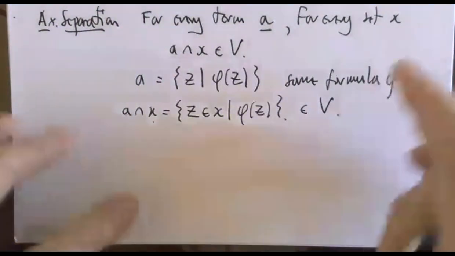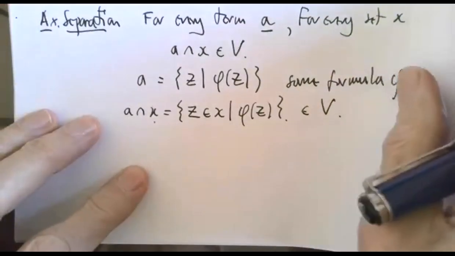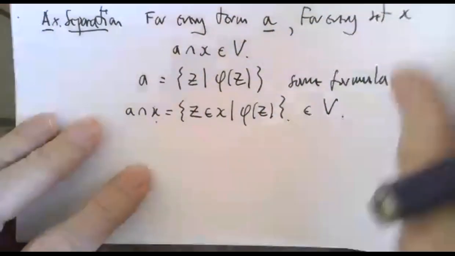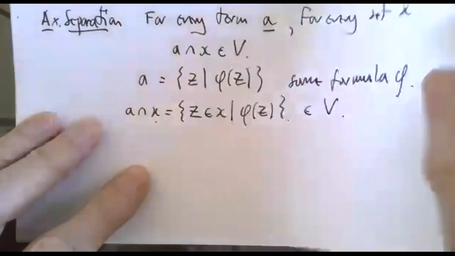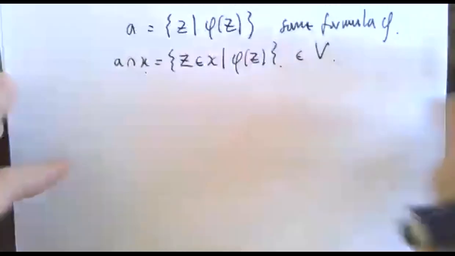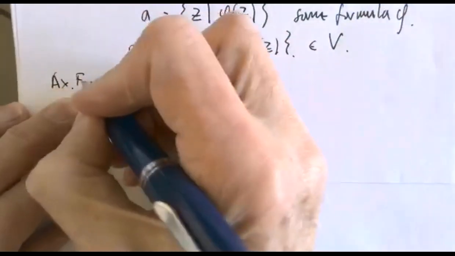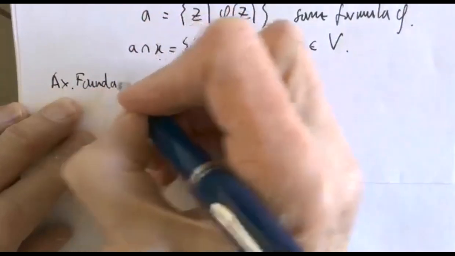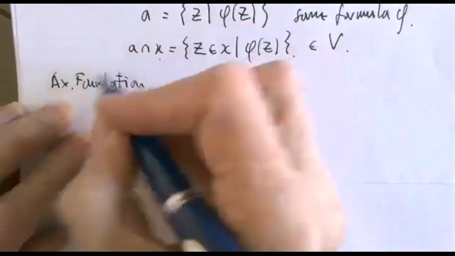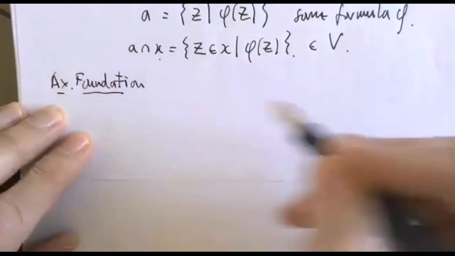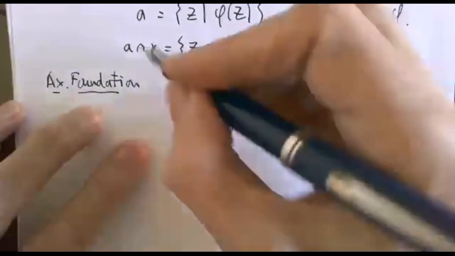Last one on the list, foundation. This sometimes looks puzzling at first. Again, we had this at the end of set theory. One reason for using or introducing terms is it gives us a very succinct way of writing out the axioms.